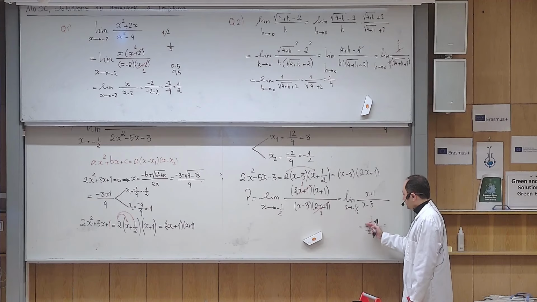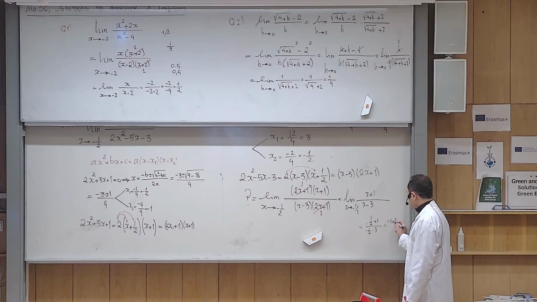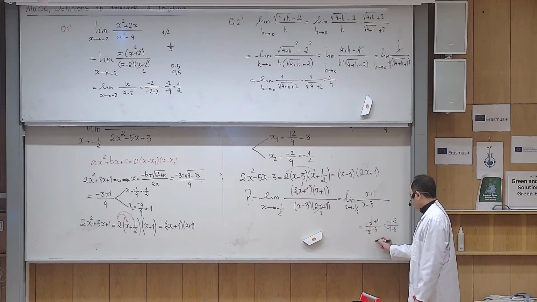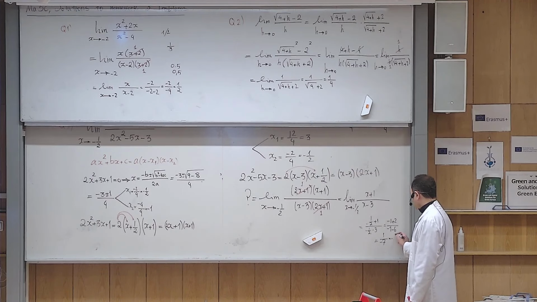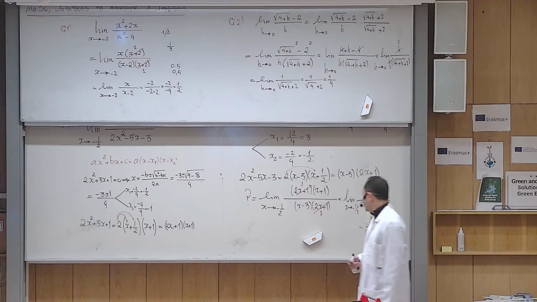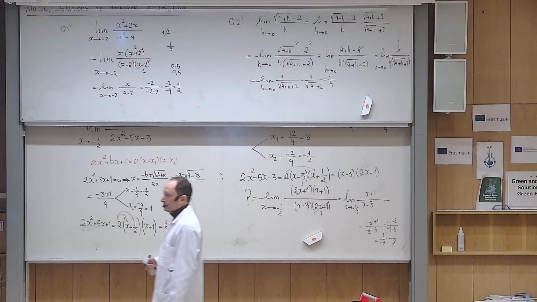If I multiply this by 2, it becomes minus 1. This becomes 2. This becomes minus 1. This becomes minus 6. So the numerator becomes 1, the denominator becomes minus 7. Of course, I prefer to write minus 1 over 7, but that one is also okay. So the answer to this problem is simply minus 1 over 7.